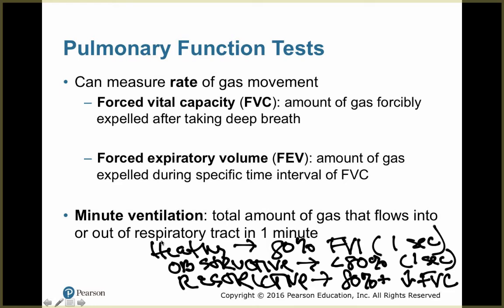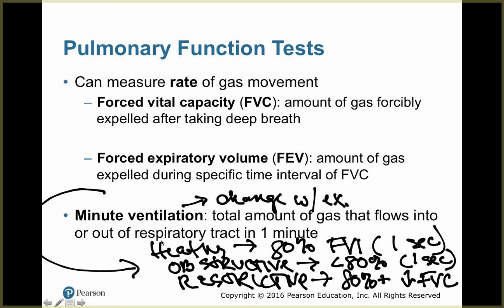So that's how they can tell and be able to figure out what's happening here, right? Now, for the minute ventilations, if you're actually looking, this is what we're talking about expelling. For the minute ventilations themselves, normal, you can look at these and they change with things like exercise.